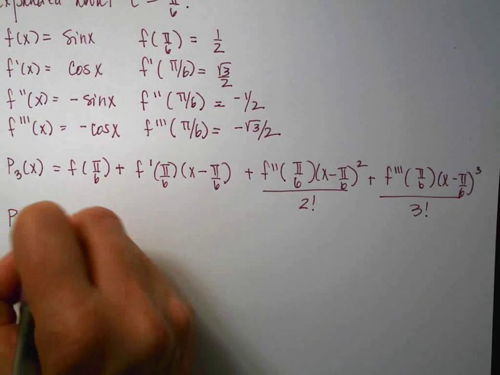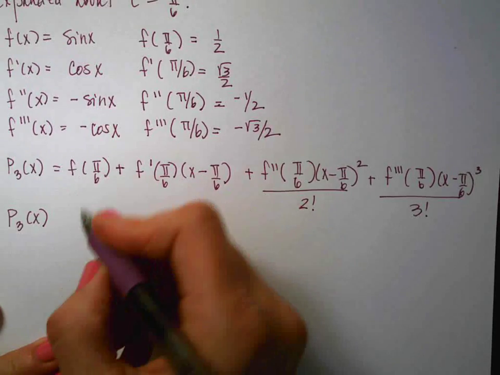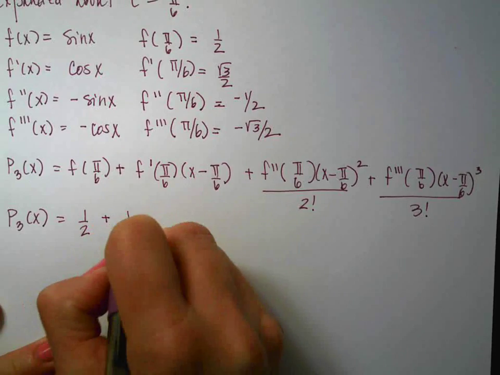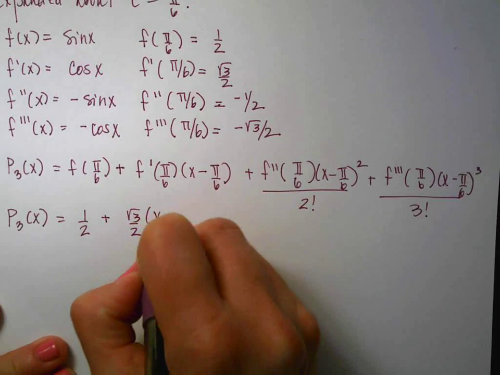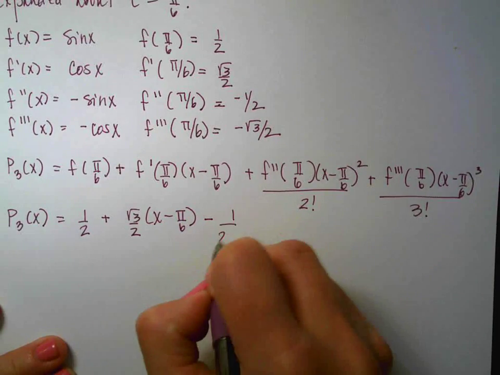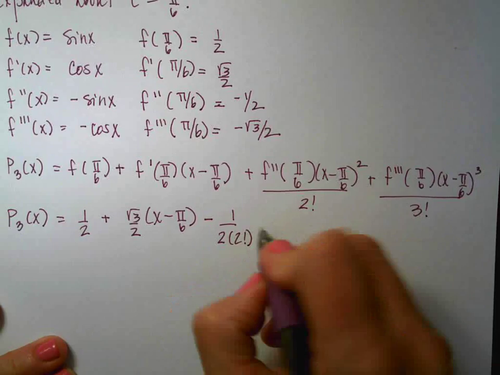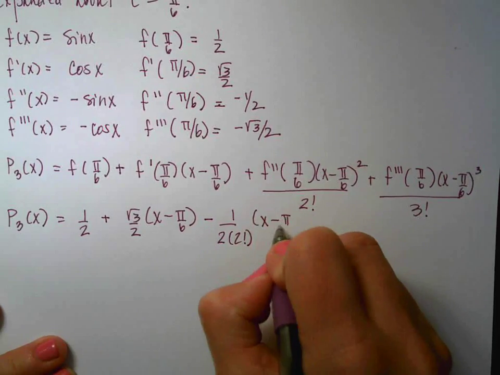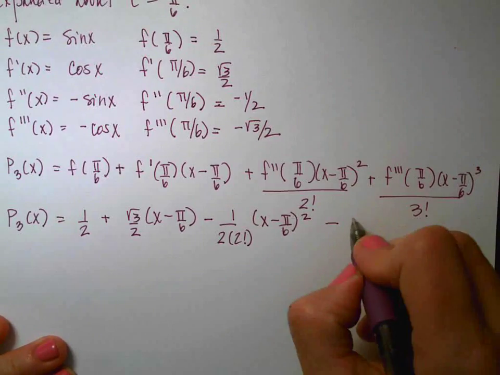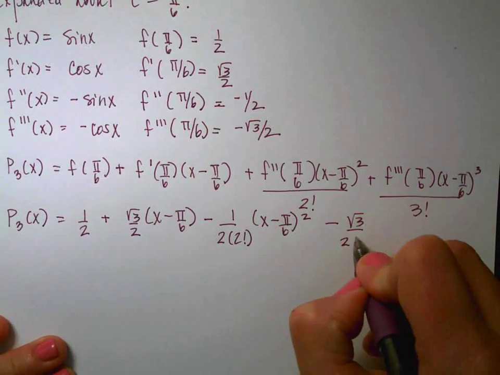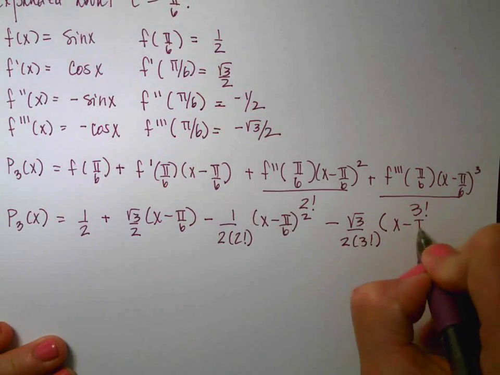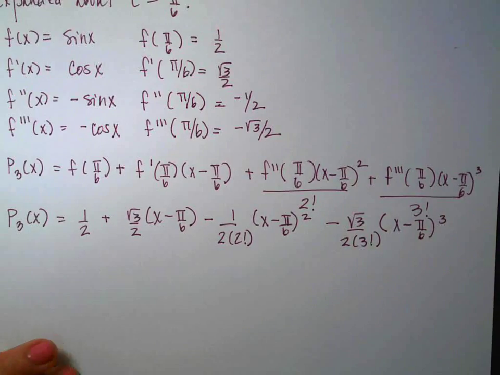So the third degree Taylor polynomial is going to be a half, plus radical 3 over 2 times x minus pi over 6, plus 1 over 2 times 2 factorial times x minus pi over 6 to the second, minus radical 3 over 2 times 3 factorial times x minus pi over 6 to the third.